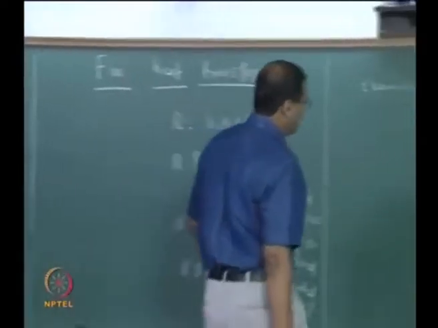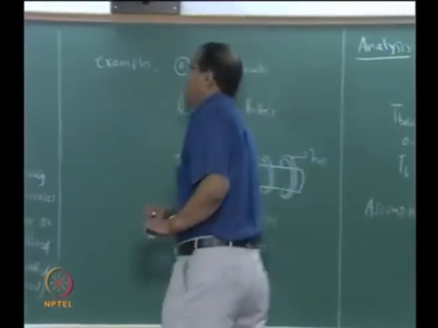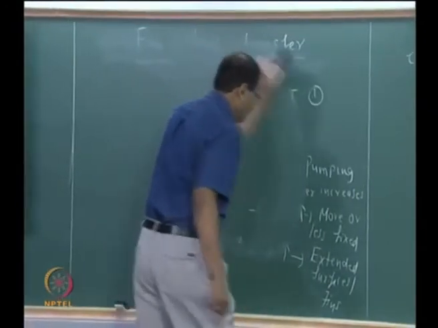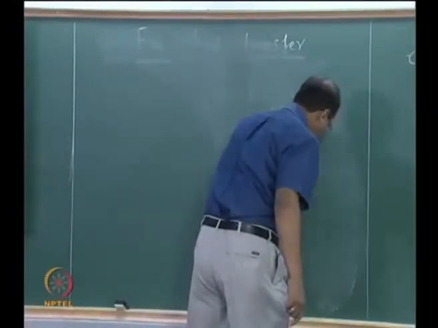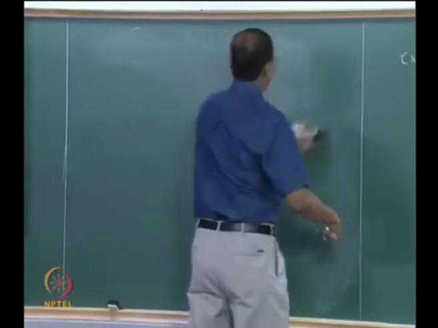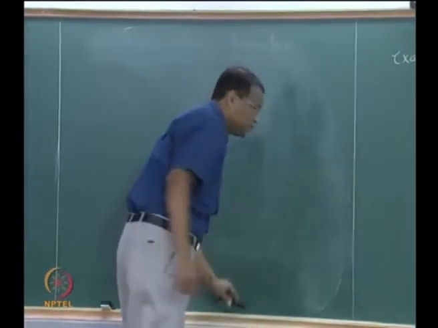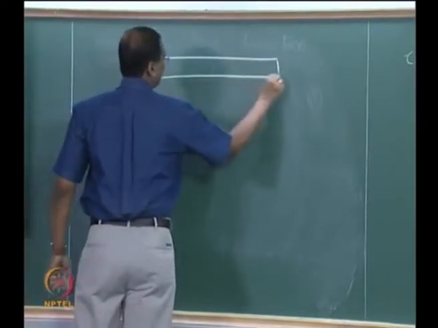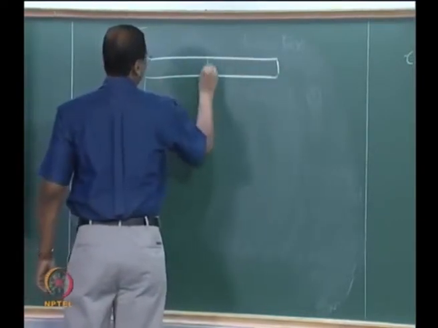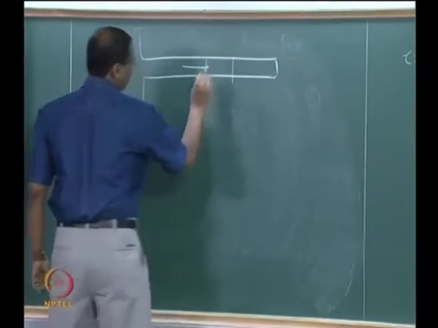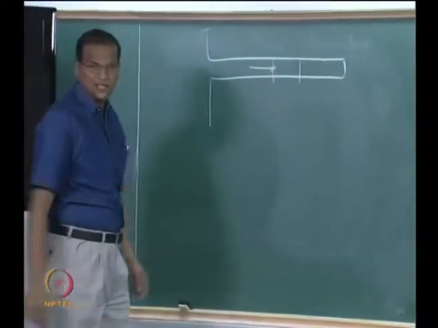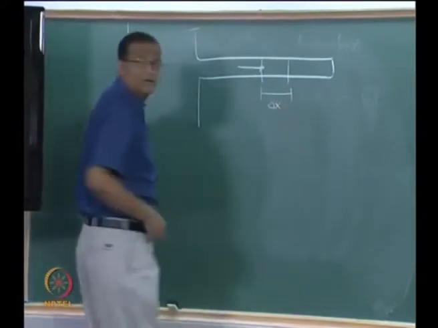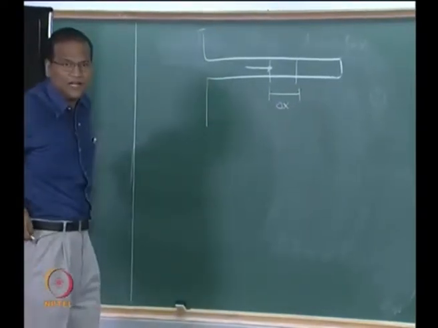Now we will have to take an elemental slice, which has got a length of delta x.